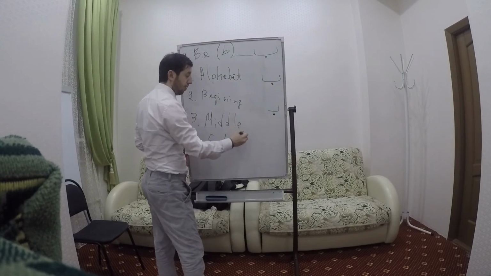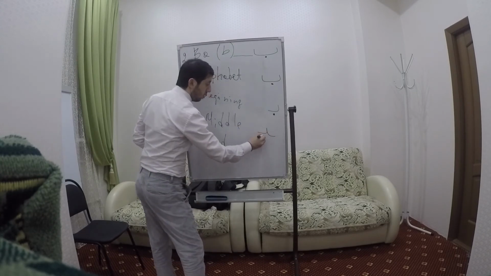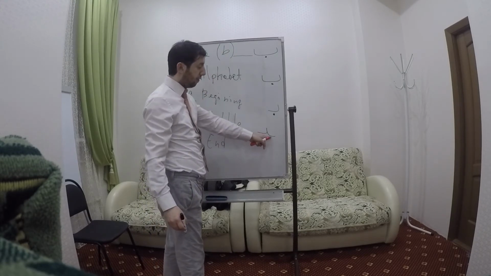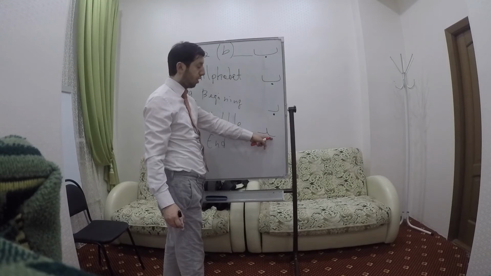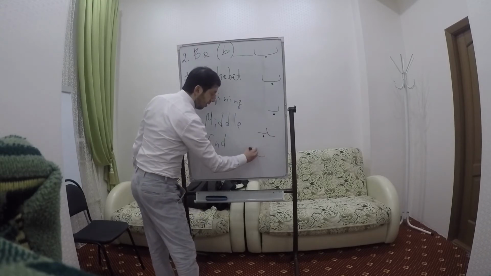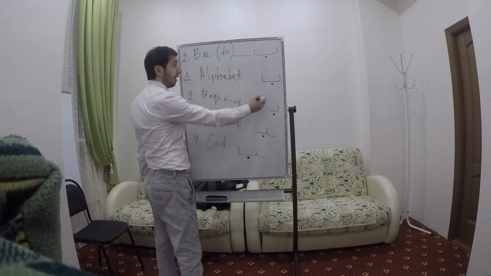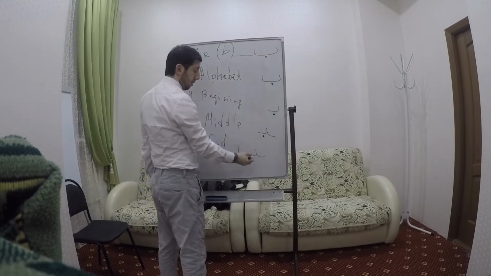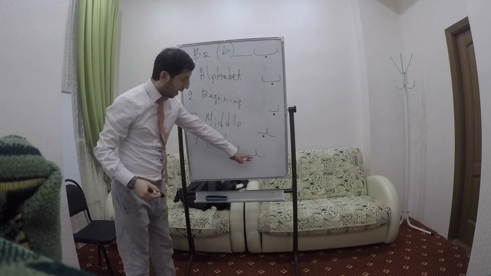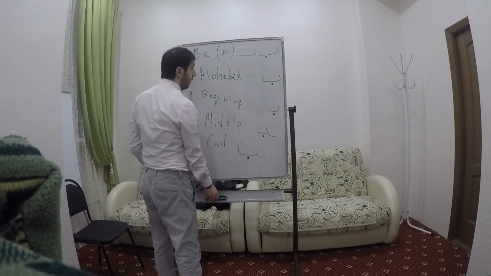The middle form is like the beginning form but with the tail, which is half of the letter before ba. In the end, it looks like the alphabet form, but it has the tail, half of the letter which is before ba.